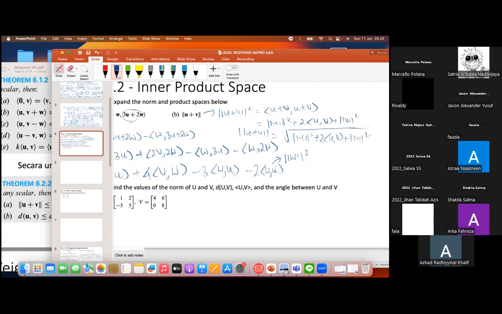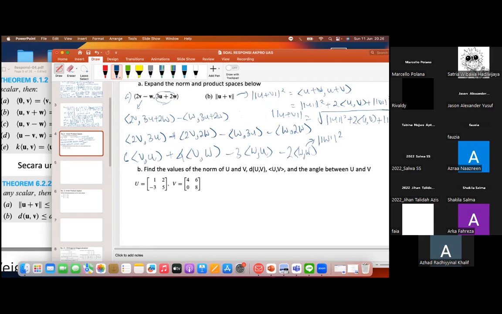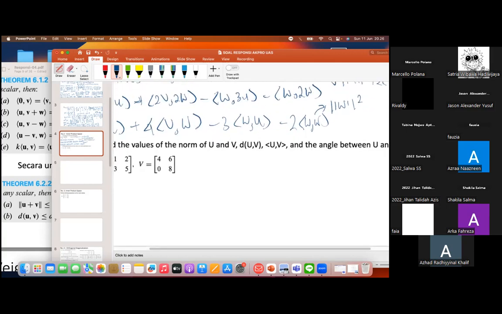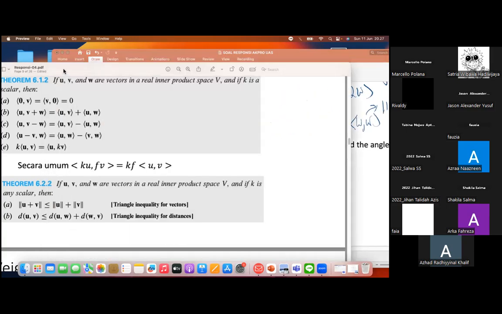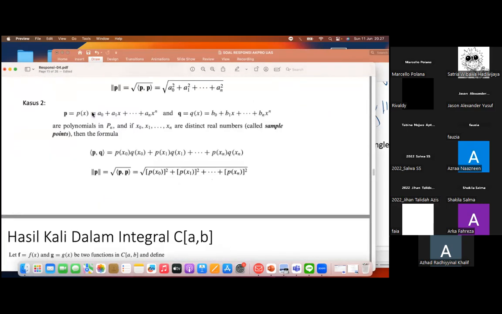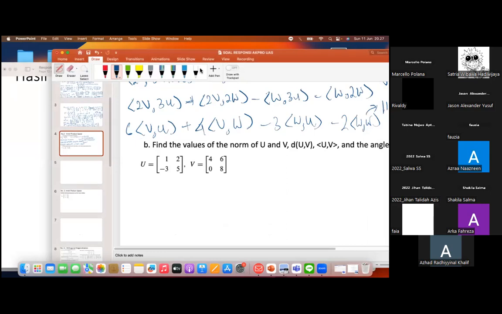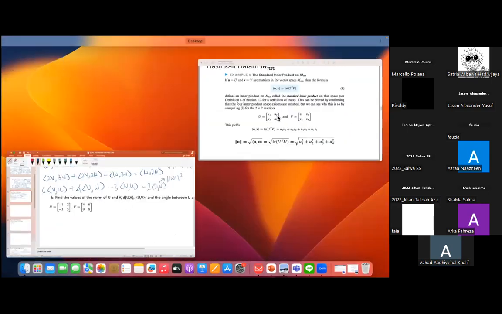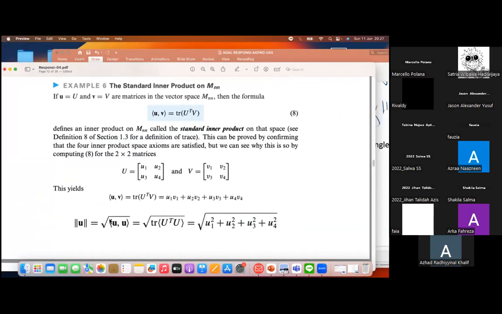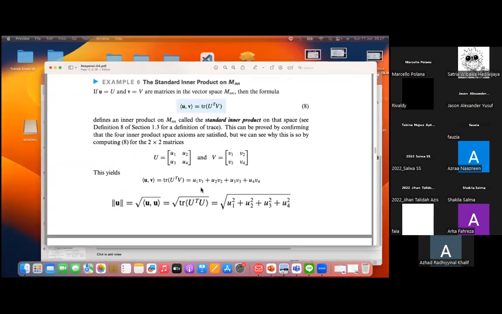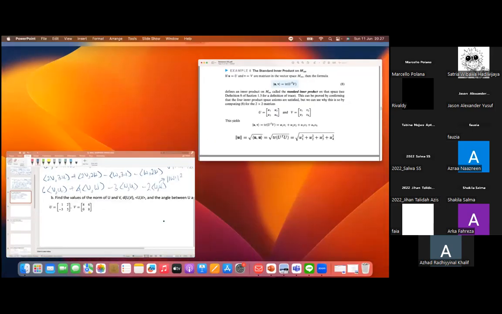Now we move on to the bottom one, which is to find the norm of u and v. Now we're going to go back to the slide, which is in this part. To get the norm of u, we just take the cells inside the matrix, square them, and then add them all. Should be straightforward.